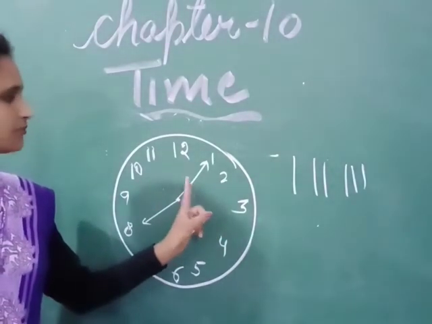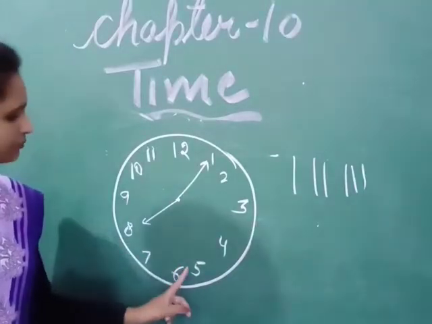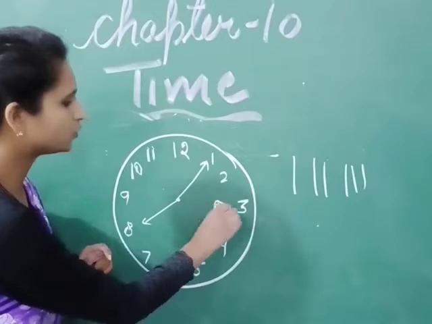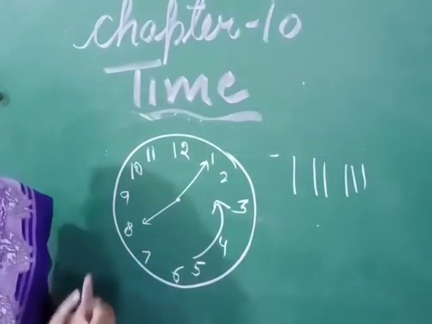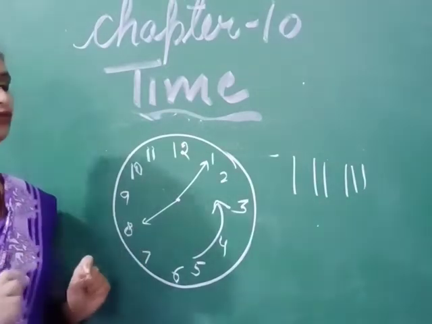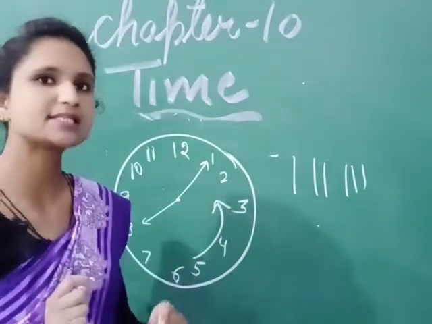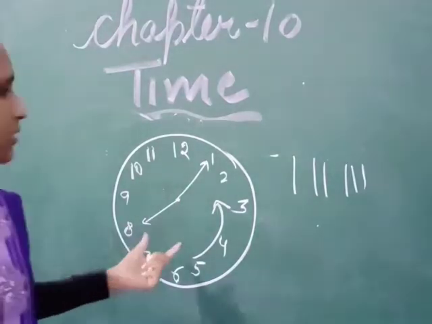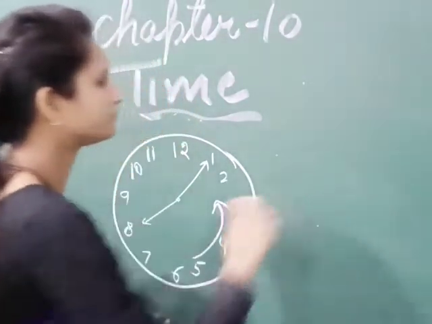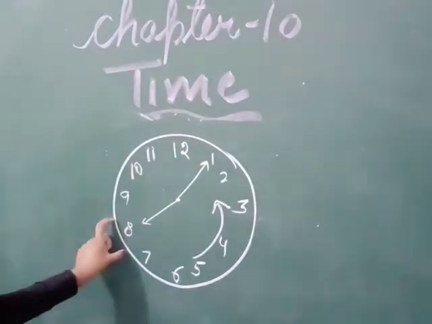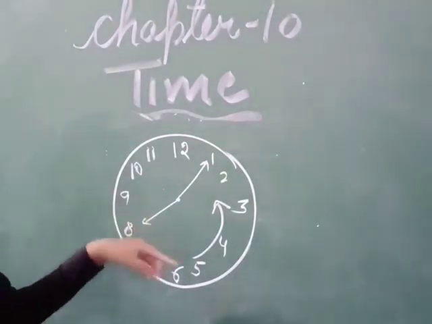Now when this minute hand will be before 6, then we have to use minutes past. How do we have to write the time according to the first point? First we have to write the minutes.